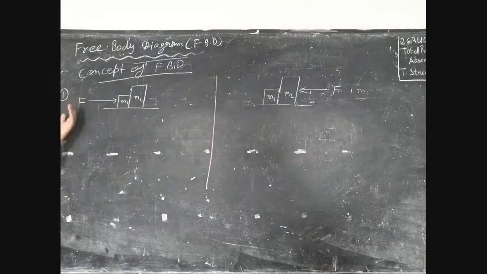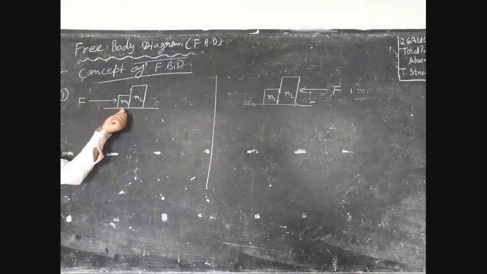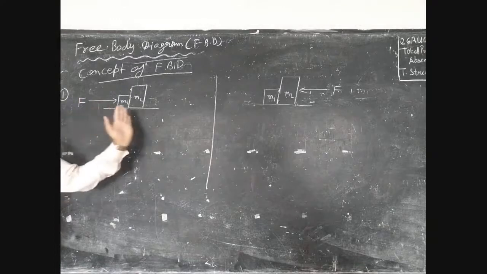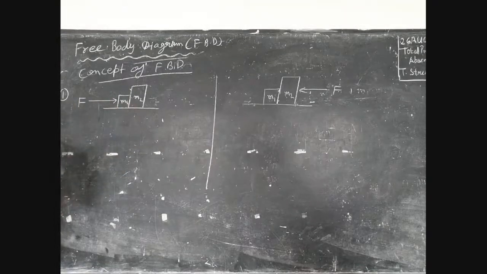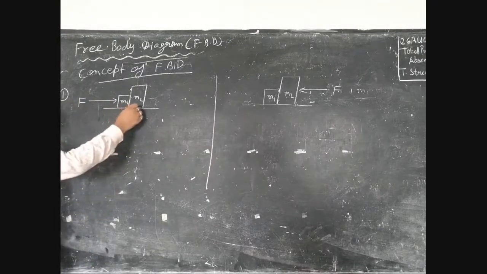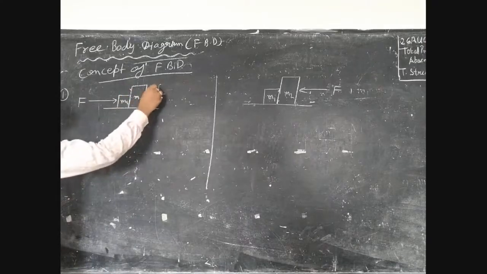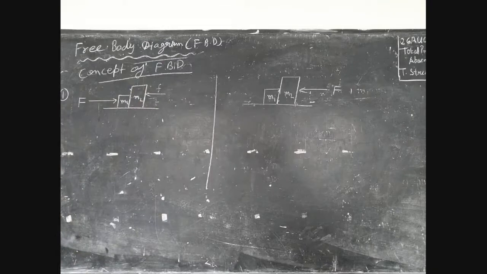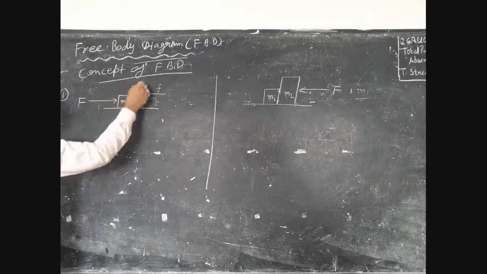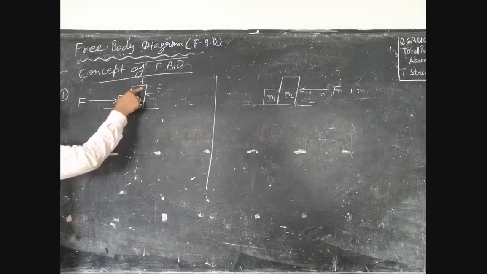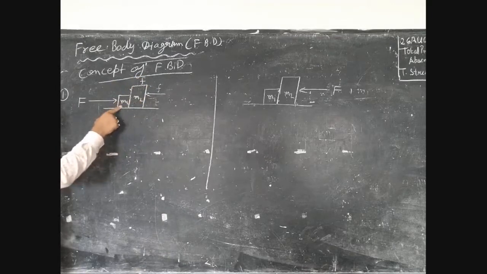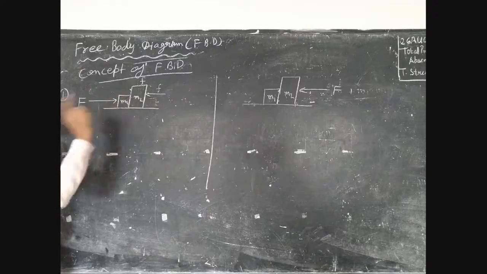Now, when we apply the force on block m1, initially we find it will not move, because this block m2 opposes its motion by a small force F. Clear? So it applies a force F to mass m1. That is why it will not move.